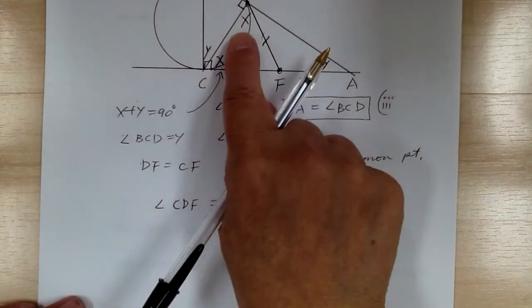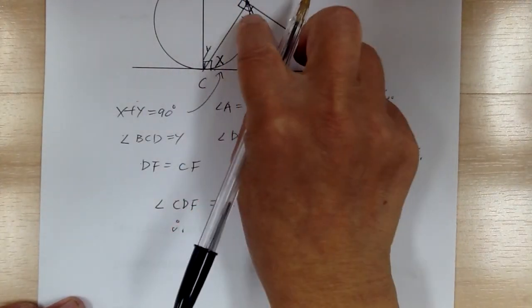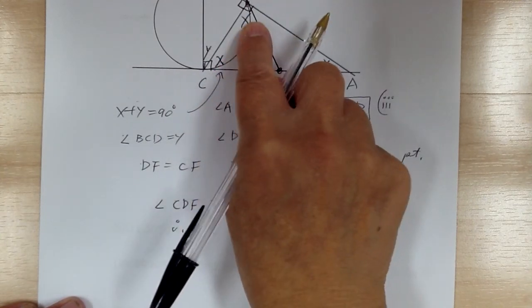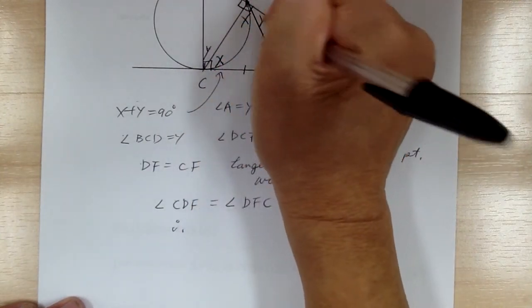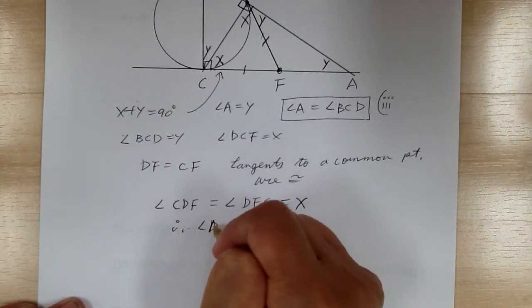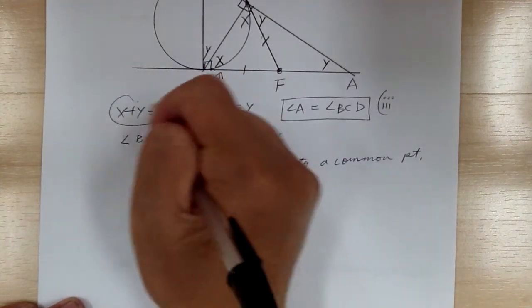And this is also a right angle. So from the y you get the x, from this x you get this x, and from here you get that this is a y. Therefore angle ADF equals y.